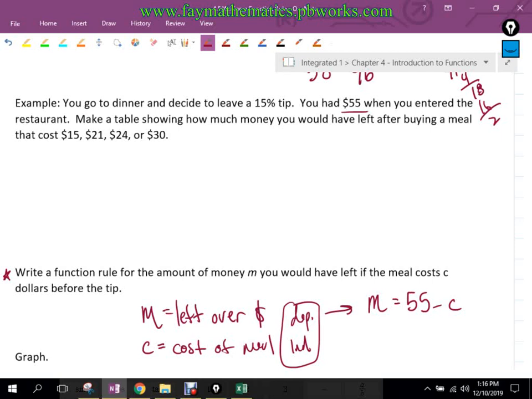But I should tip this person, right? They're going to build this in. The tip is dependent on how much your meal costs, so my tip of 15%, which is 0.15, gets multiplied by the cost of your meal. Is that all right with everybody?